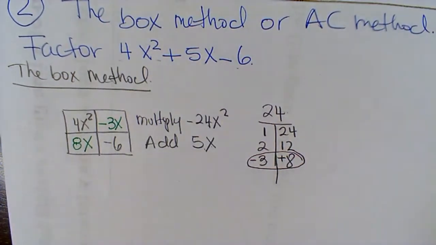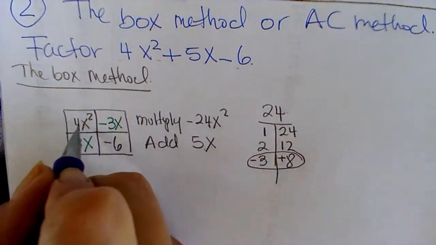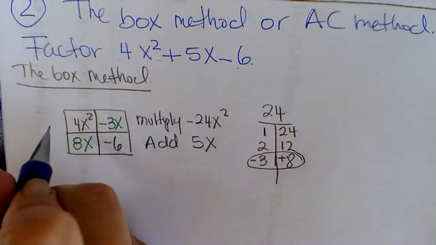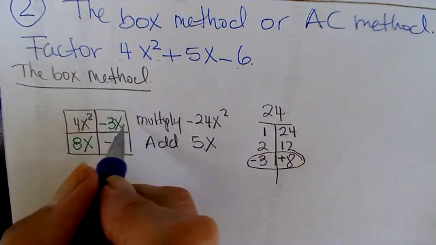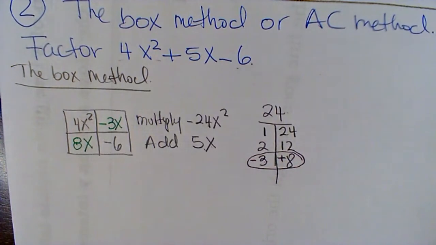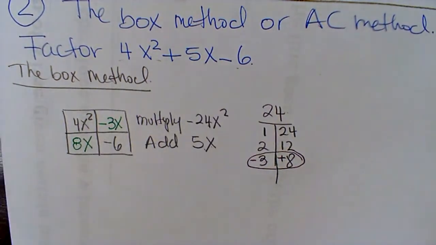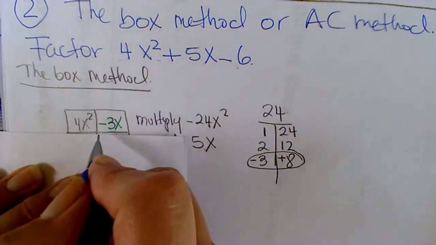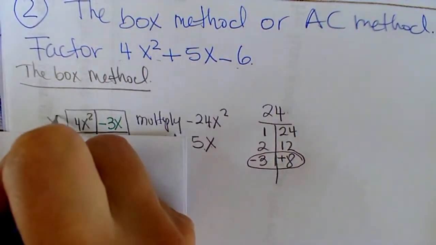Now, I'm going to do rows and then I do the columns. I'm going to find the greatest common factor in the first row. What's my greatest common factor here? It's going to be an x, right?